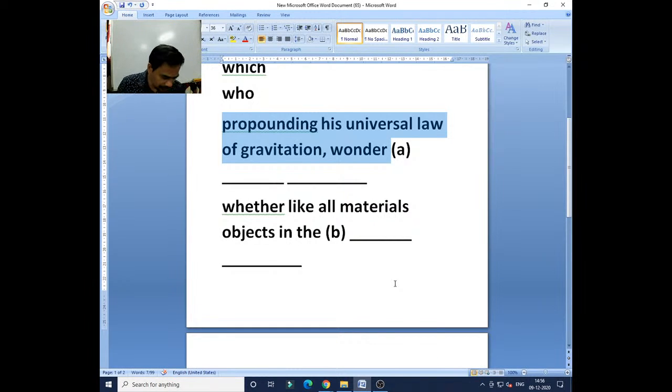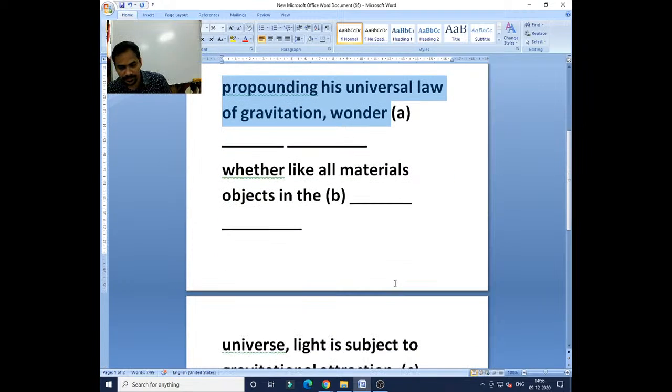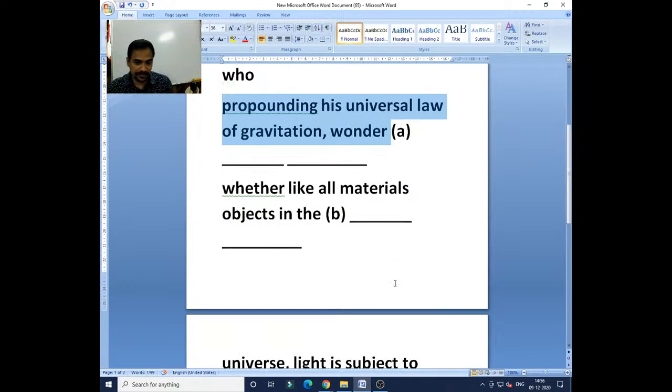So Subham, you have selected wonder into wondering. Why should it be wondering? This is a past thing, Newton, he is no more, and we have to understand it very well.